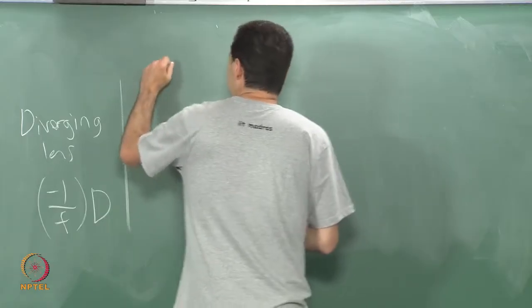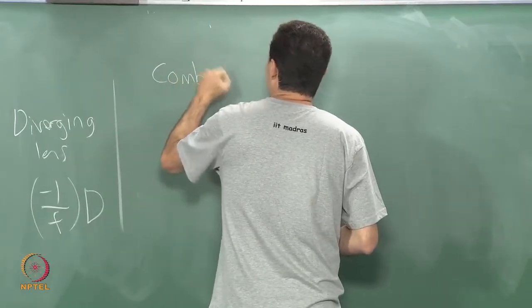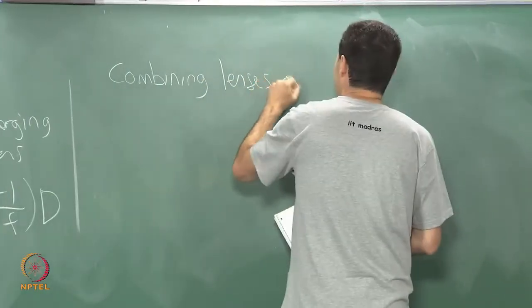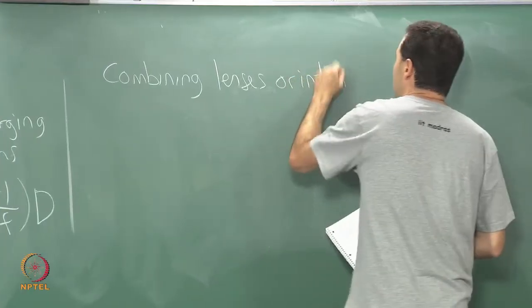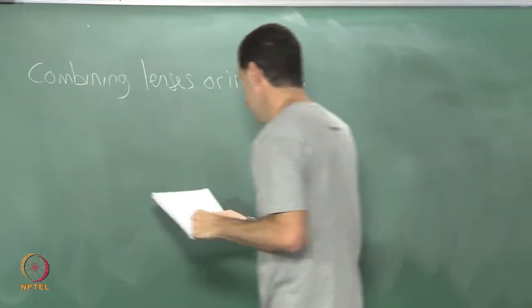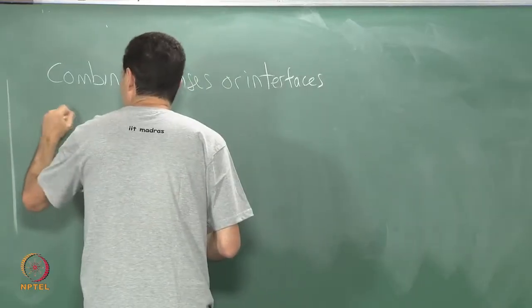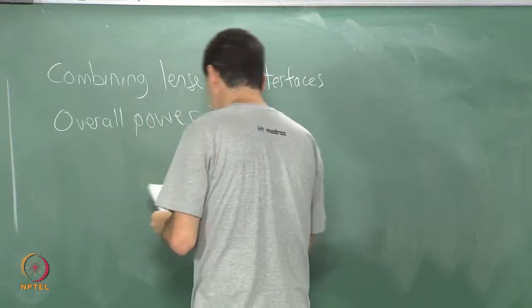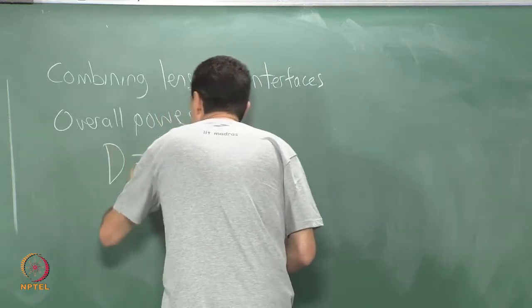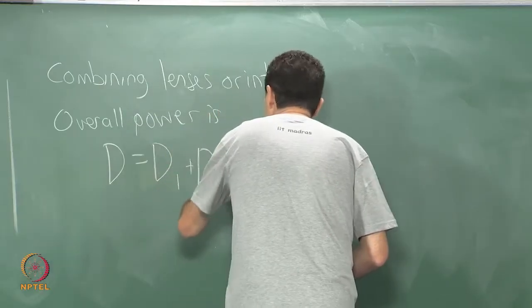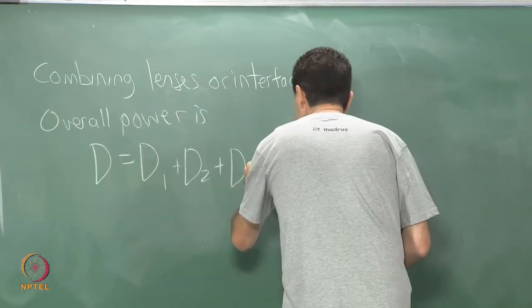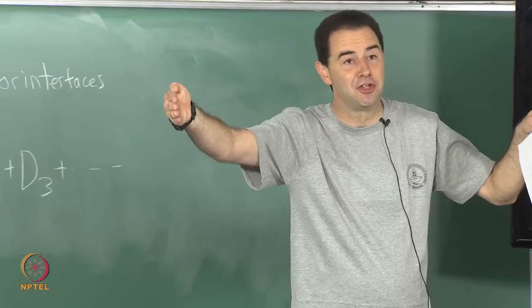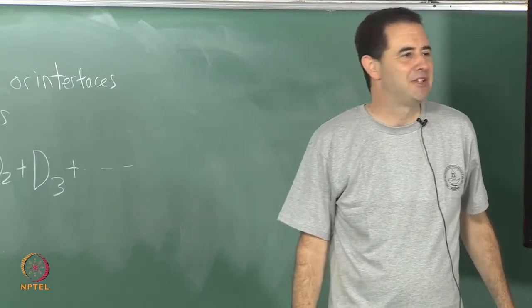And what's nice is that in combining lenses or interfaces, I'll say interfaces between media, the overall power is D equals D1 plus D2 plus D3 plus dot dot dot. So you just take the diopter of your lenses that are all together sequentially in a system and just add them up. So that makes the algebra very simple.